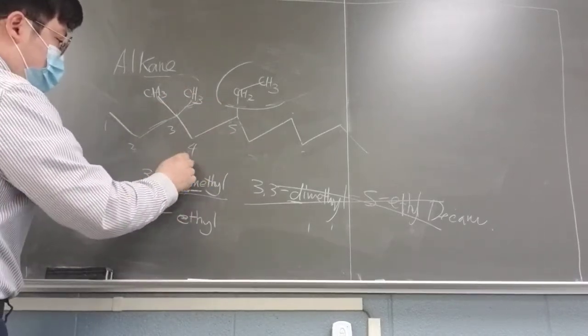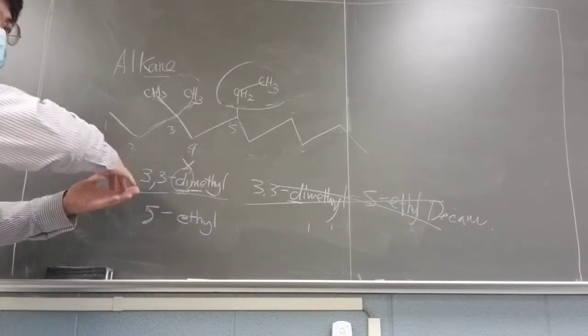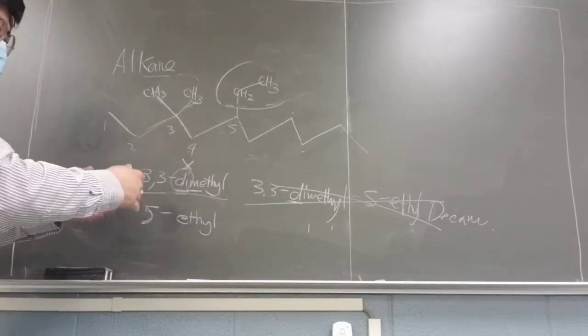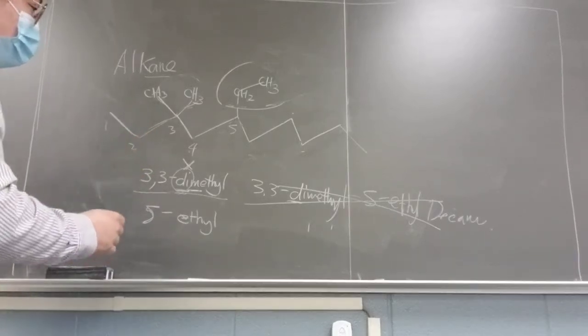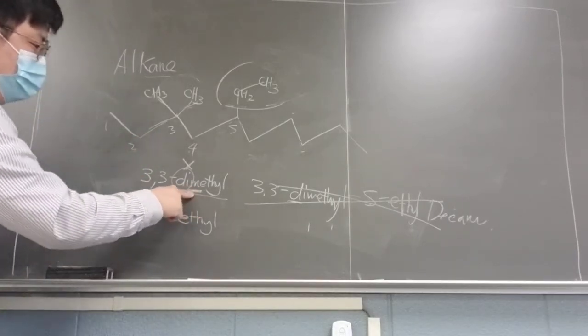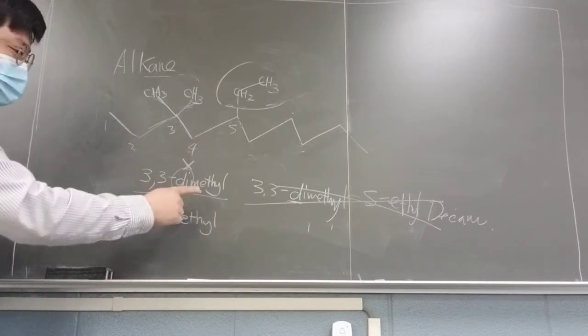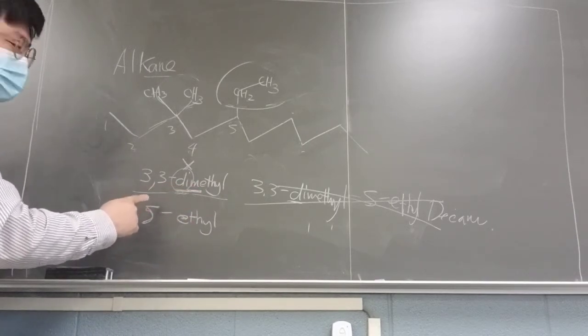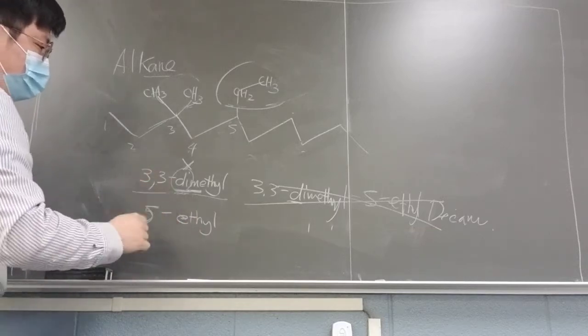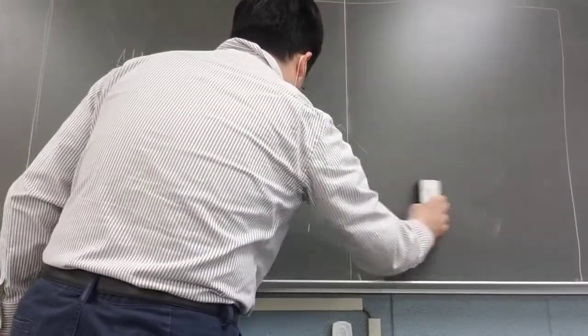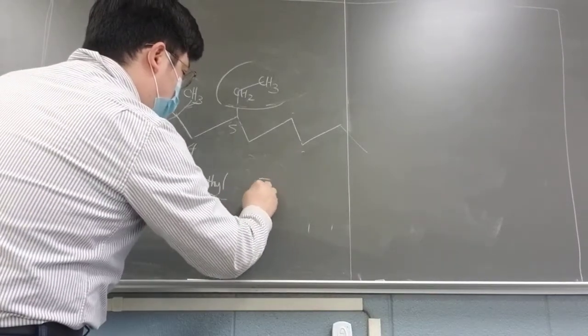So whenever you have some additional name for the indicator of how many of those, like di, tri, tetra, and hexa, don't mind it for alphabetical order, but just what it really was, which is the methyl group there. So it will still be 5 ethyl 3,3 dimethyl. Okay, so it will still be ethyl first. Okay.